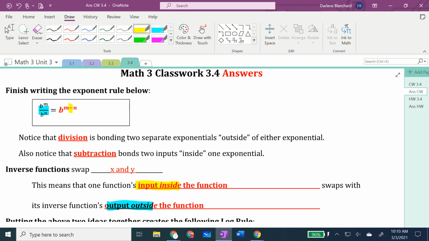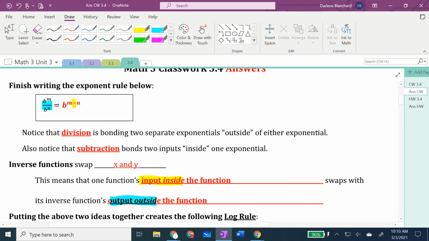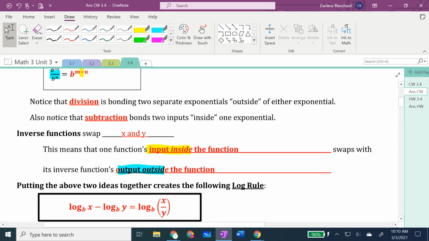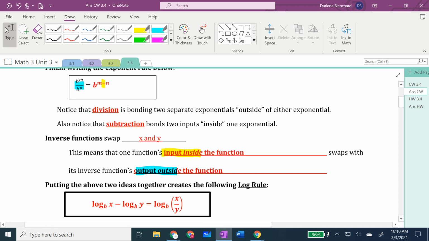And when you bring that into a log rule, that creates a log rule very similar to what we learned yesterday. The exponent rule subtracts two separate exponents inside of its function.